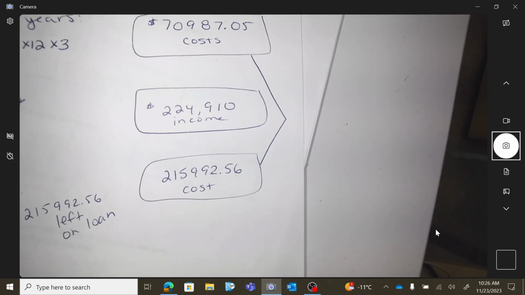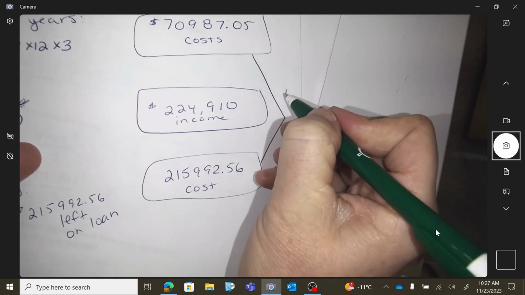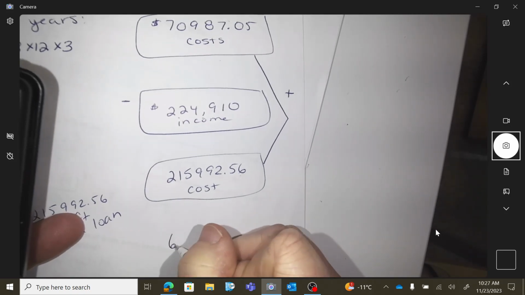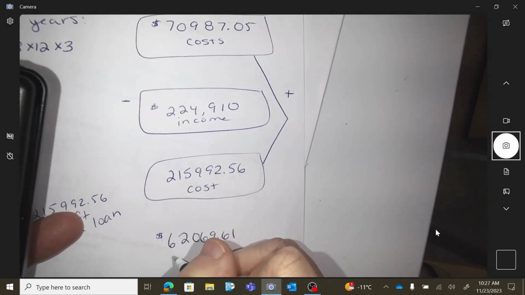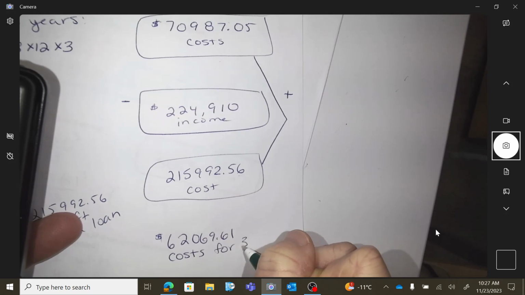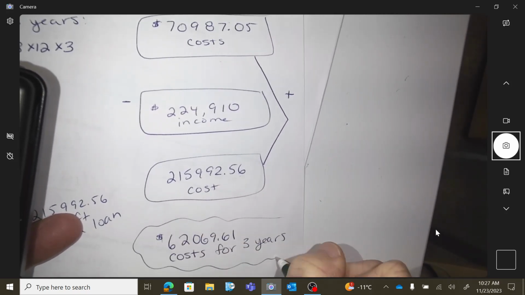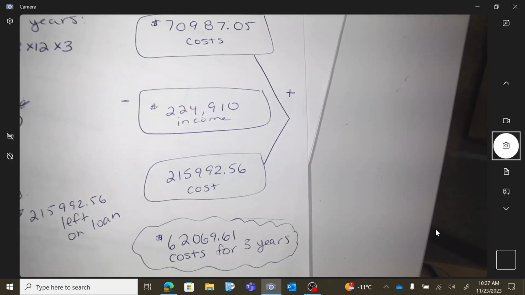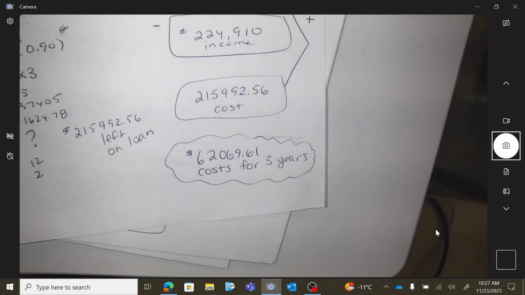All the income, or all the costs. Everybody matching?